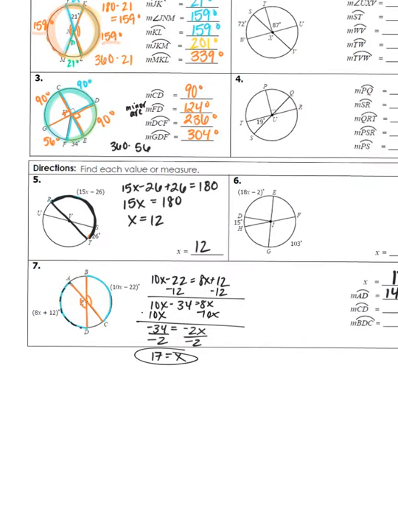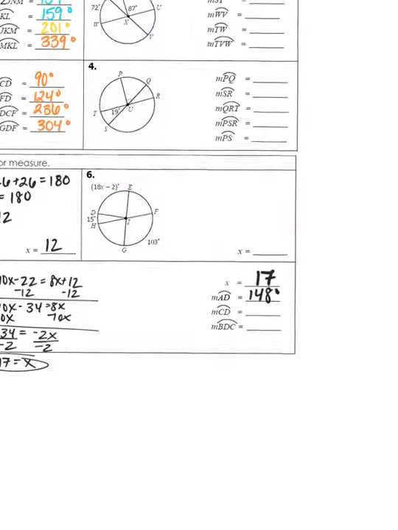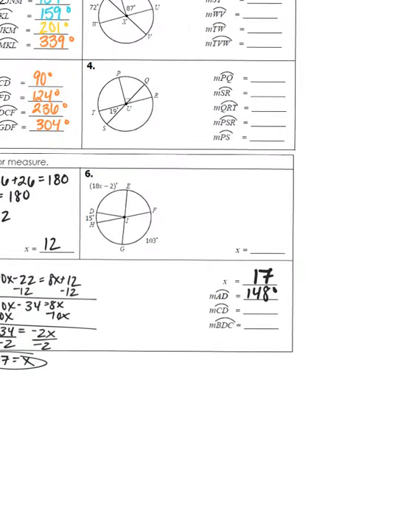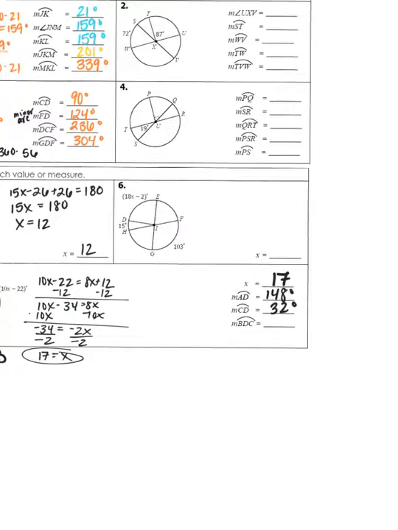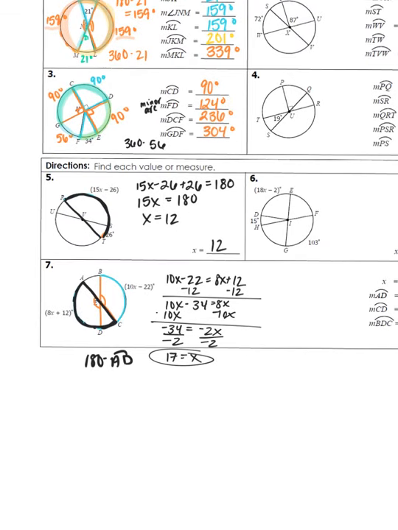Arc CD would be this arc right here, and I know that that is just going to be 180 minus arc AD. Okay, so 180 minus 148 gives me 32 degrees. And then last but not least, they want to know the measure of arc BDC.